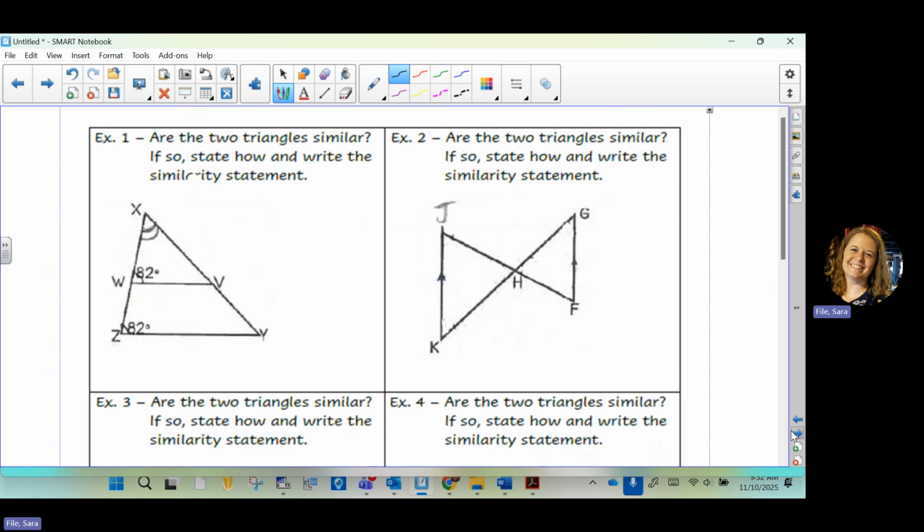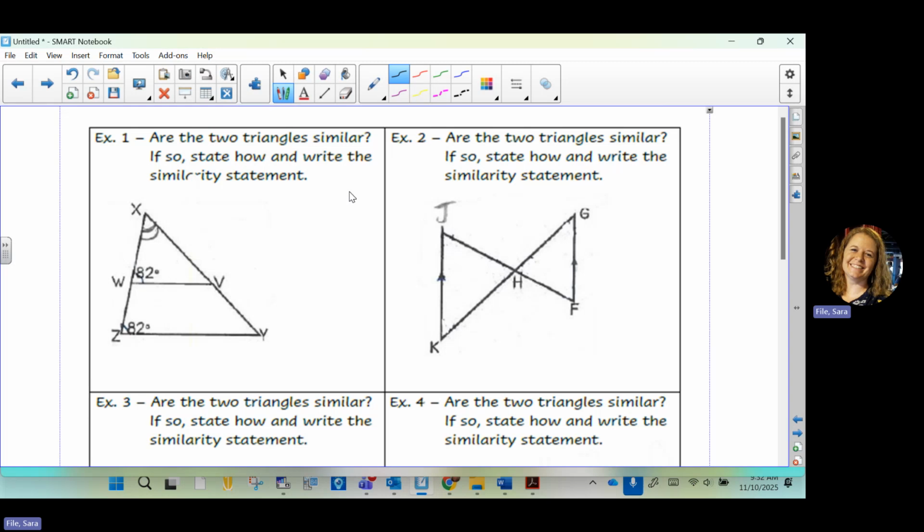All of these are the same question. I need y'all to stop talking. All of these are asking the same thing. Are the triangles similar? If so, state how and write the similarity statement. So when it says state how, it's asking you to give angle, side, or side. And then stating the similarity statement, that's what we were filling out, like to name the triangles in corresponding order.